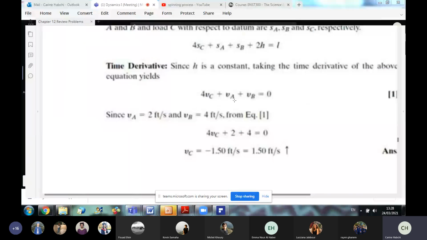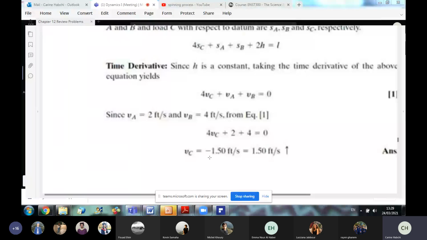By replacing VA and VB by the values given, VB equals 4 feet per second, I get that 4VC is equal to minus 6. So VC is minus 6 over 4 equals minus 1.5.